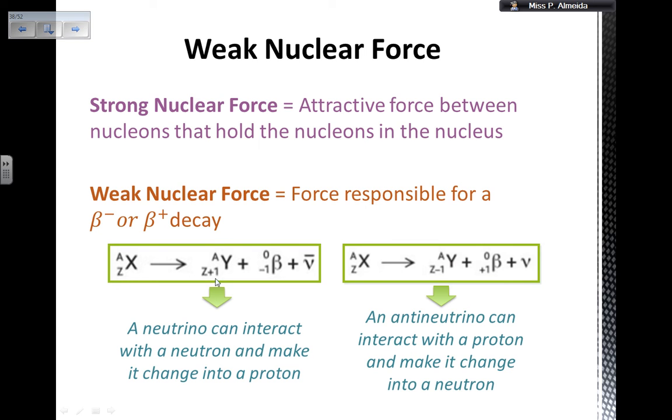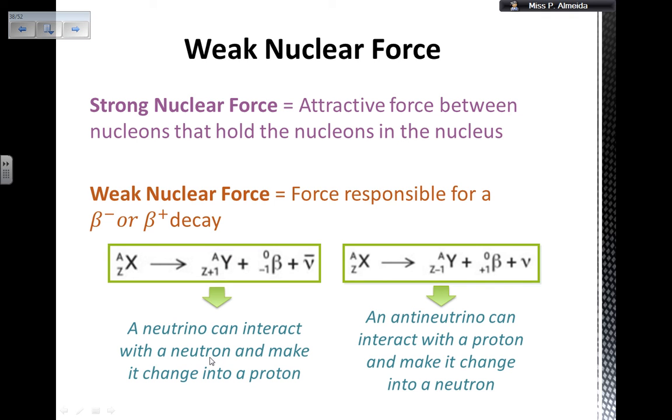I have X gives me Y, and I get a beta particle and an antineutrino. You may remember that this happens because I have too many neutrons and one becomes a proton, right? So in the nucleus, I'm going to have this beta minus decay happen because a neutrino, so nothing to do with this antineutrino, is a neutrino that is going to interact with a neutron.